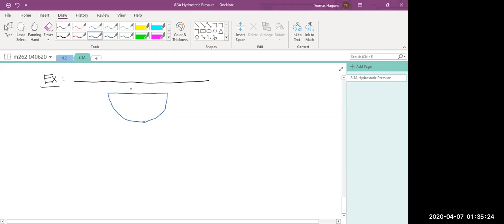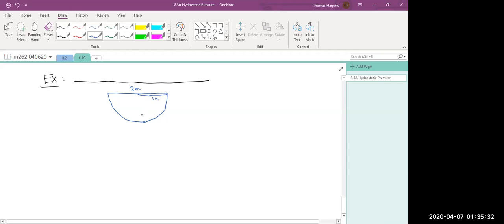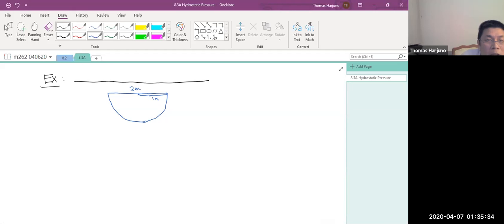So the width is still 2 meters, okay? The radius is still 1. But I'm interested in finding the hydrostatic force experienced by the plate.